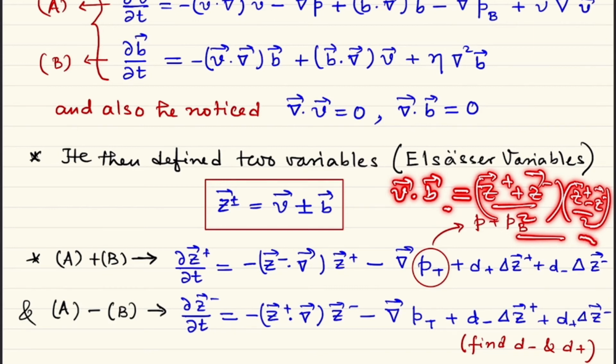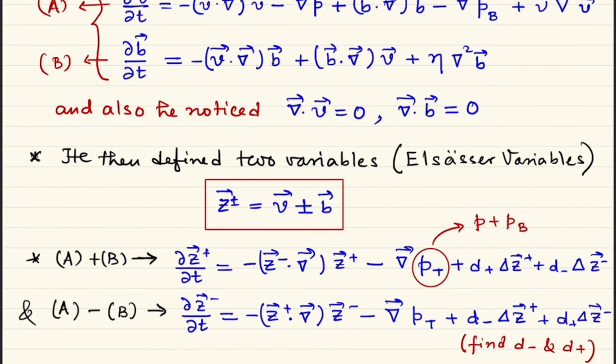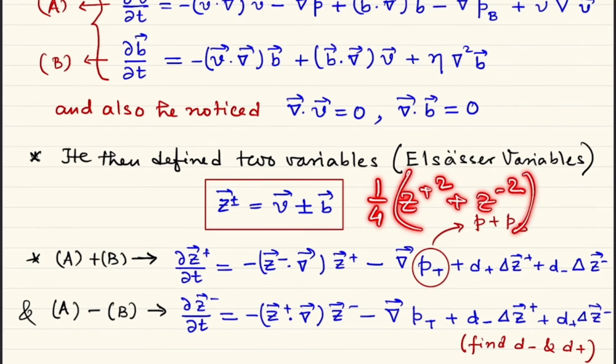Okay, so now you have seen that 1 by 4 z plus square plus z minus square is the density of a conserved quantity, and also you have seen that 1 by 4 z plus square minus z minus square is the density of something which is conserved. That is the cross helicity part.